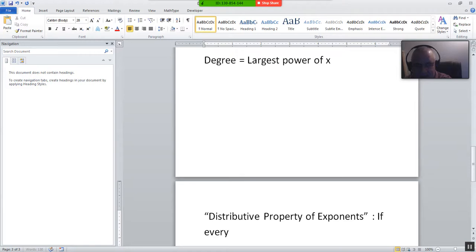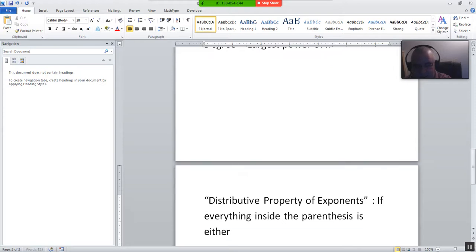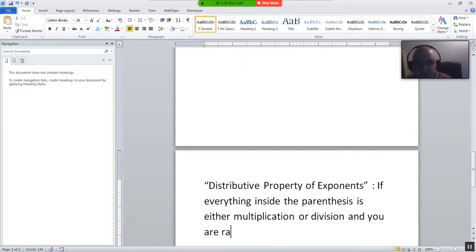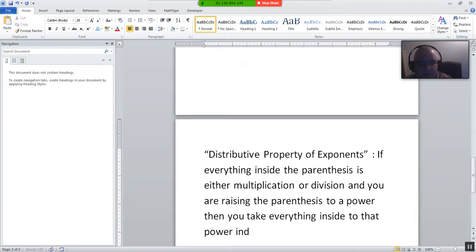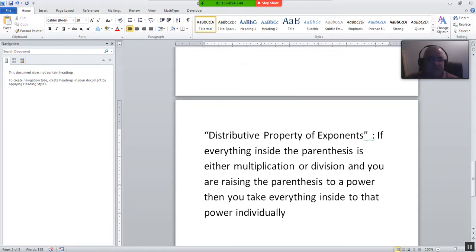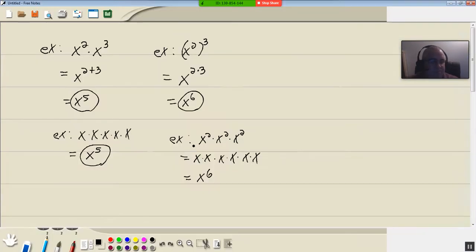And it says if everything inside the parentheses is either multiplication or division, and you're raising the parentheses to a power, then you take everything inside to that power individually.